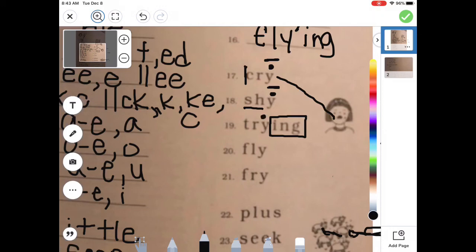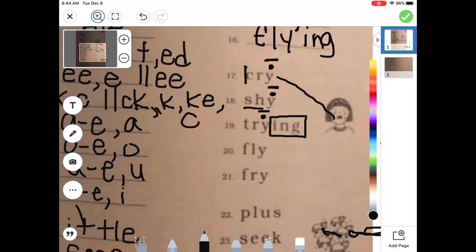Now, since it's at the end of our root word, we're going to say that it's going to be long too, okay? And then at the beginning, I see that TR, and I know I can blend that TR and say try, and then add the ing. Trying. Very good.